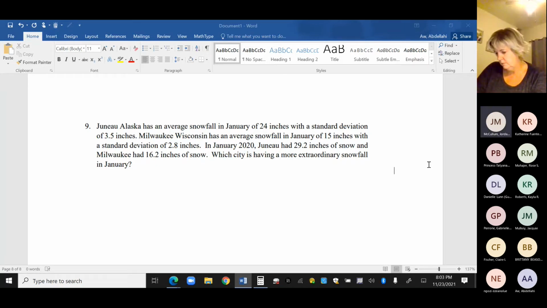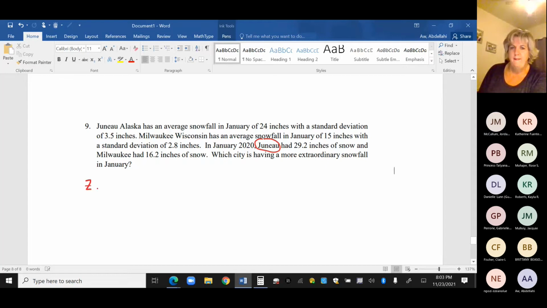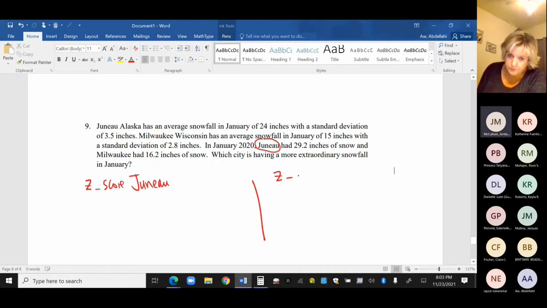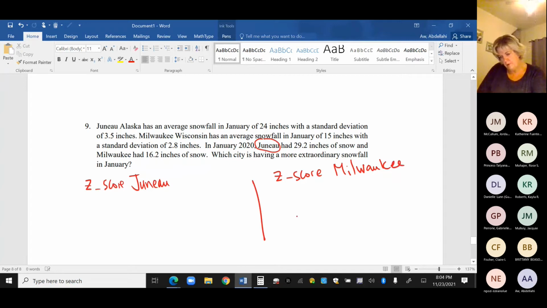Of course, you're going to calculate the z-score for Juneau. I don't even know how to read that. Juneau, right? It sounds like a French word. And then the z-score for Milwaukee. And then you're going to compare them.